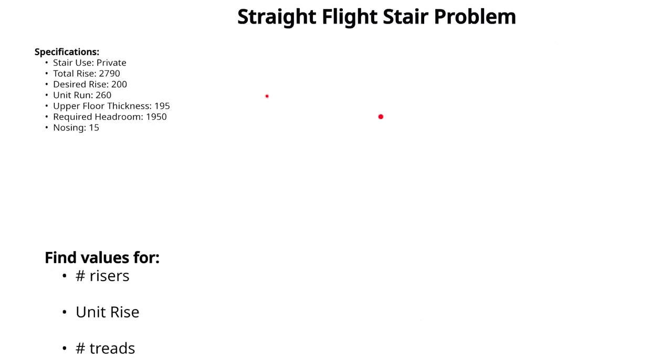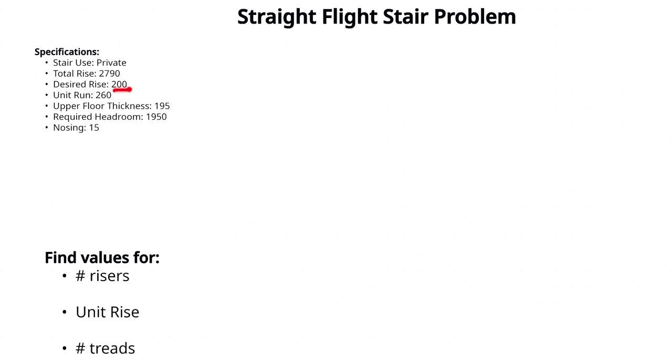Let's have a look at the specifications first. So our stairs are used privately, so within a dwelling. That's important because the unit rise and unit run maximums and minimums and the headroom are different for private or public stairs. We have a total rise of 2790. We have a desired rise of 200.